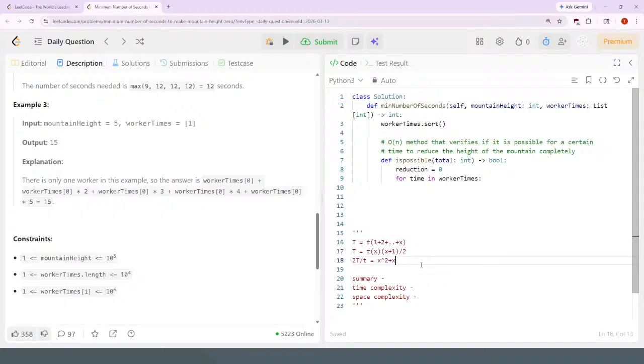So what this is, 2 times total time divided by t is equal to something of the arithmetic sum.